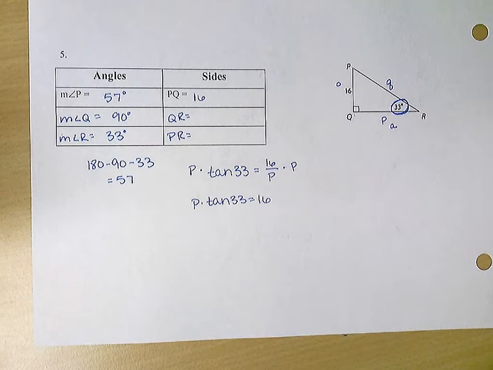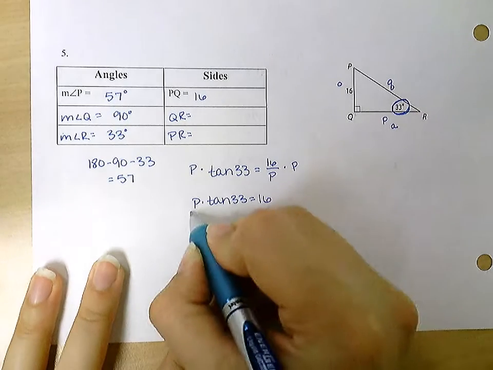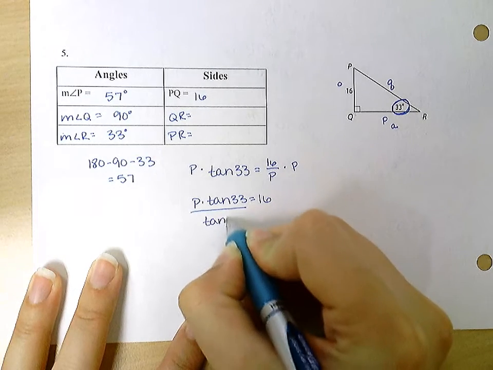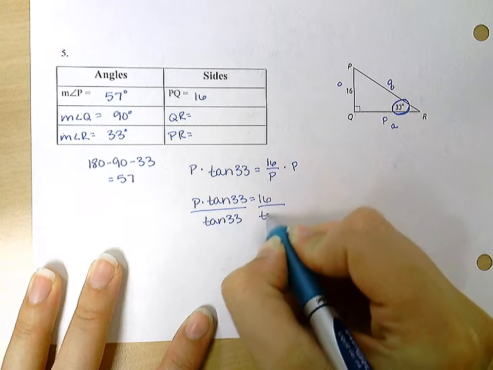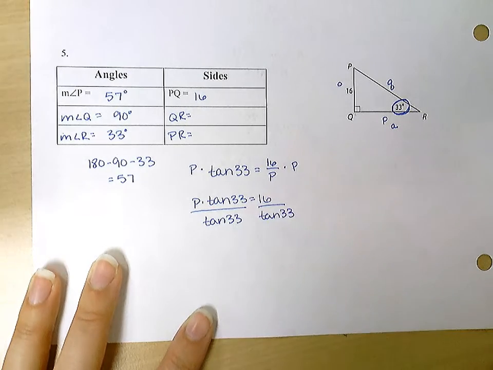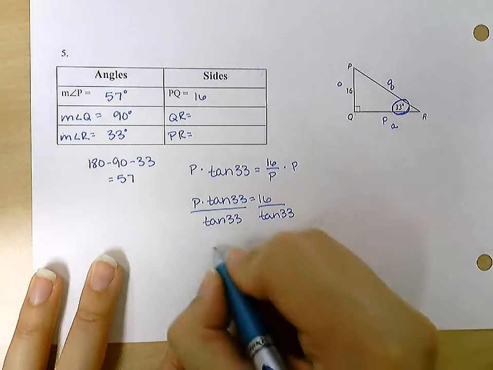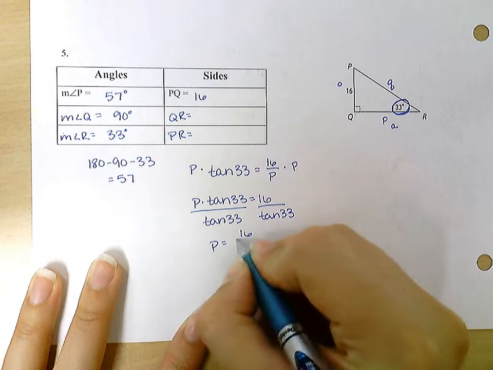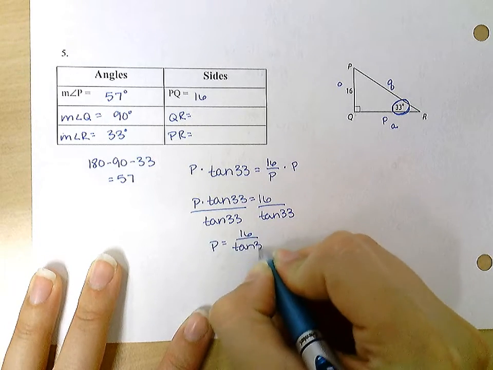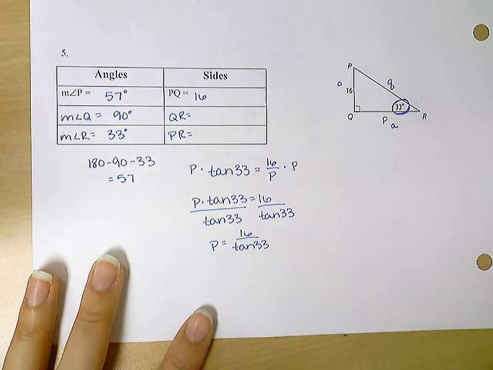What's my next step to get P by itself? Divide by tangent of 33. Good. So you can enter 16 divided by tangent of 33 into your calculator.